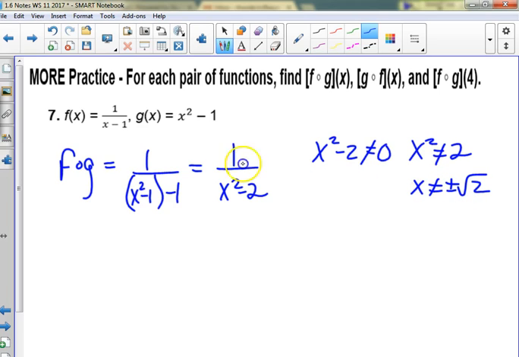Okay, but what was the original restriction? Can't equal 1 either. No, it's both. If it wasn't in the domain of the original function, it's not in the domain of the composition.